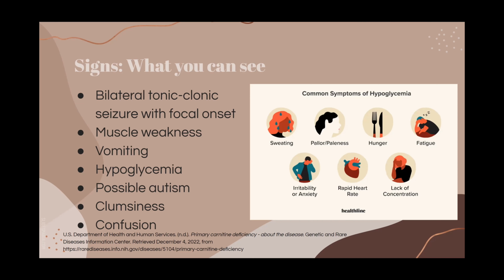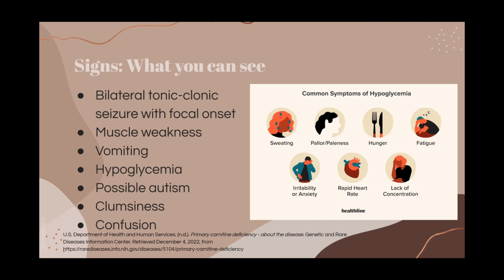However, most individuals who have a form of carnitine deficiency have autism. The exact route of why this happens is still somewhat unknown, but it has something to do with the lack of the body's ability to use fats as energy results in an altered brain function.